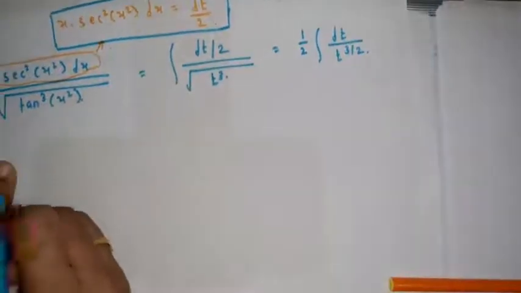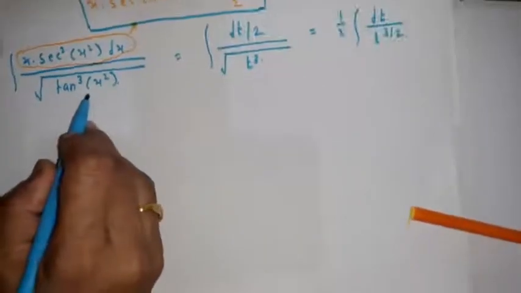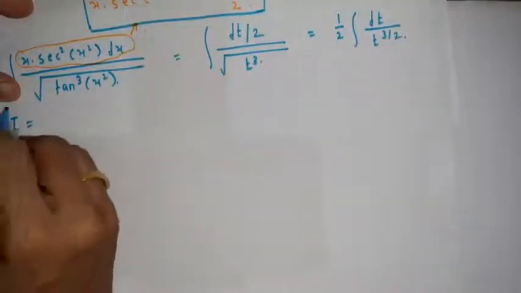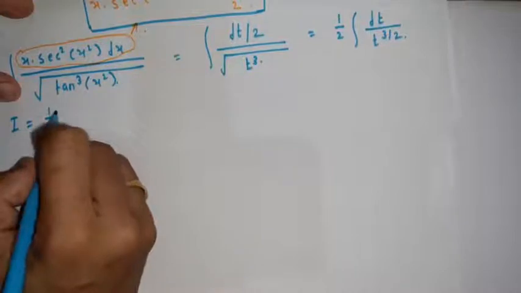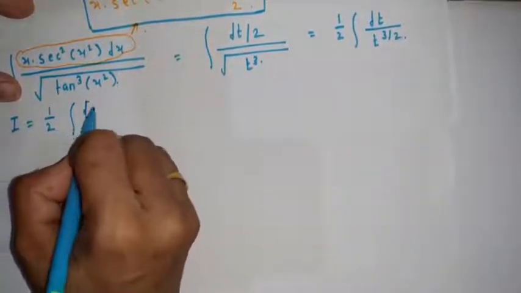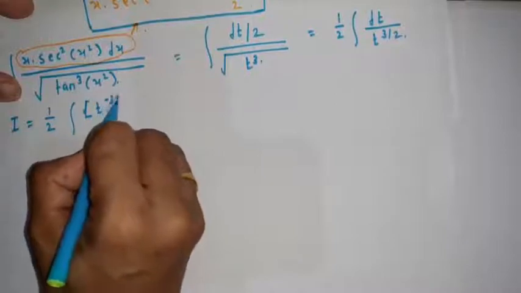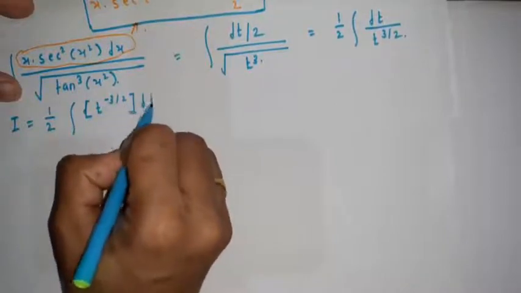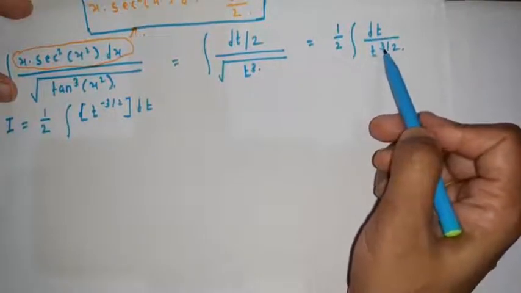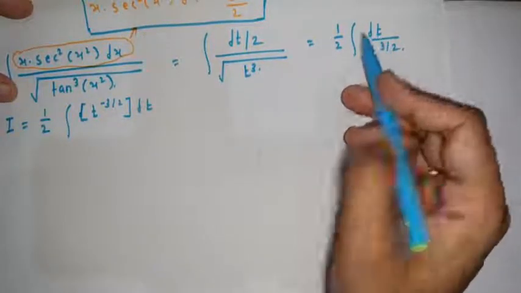Its integration, now integration I equals 1/2 as a constant, integration of t raised to minus 3 by 2 with respect to t. We have transferred this t raised to 3 by 2 to the numerator.